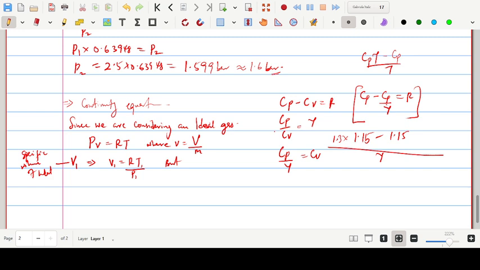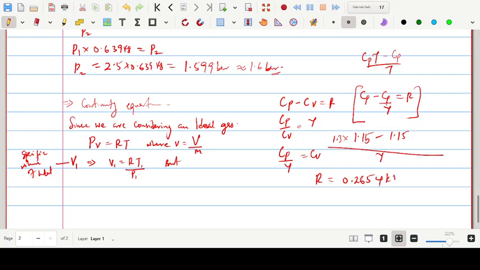Finally I will have my Cv, and my R is going to be approximately 0.265.